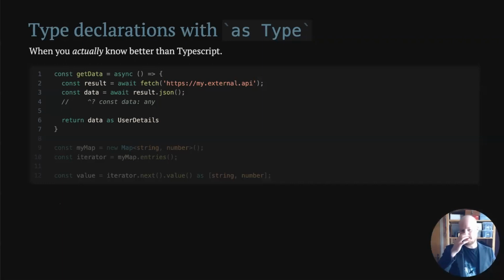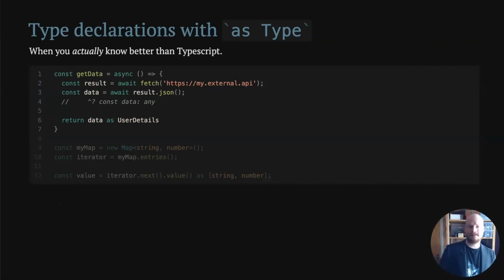The other escape hatch is typing with as type. Type assertions, they're called. So here we have a fetch from an external API, and we get the JSON from that result. And that result.json returns any, which, yeah, should be unknown.